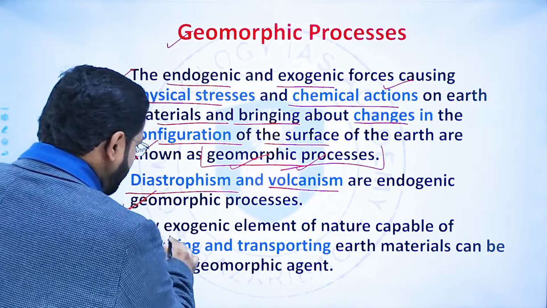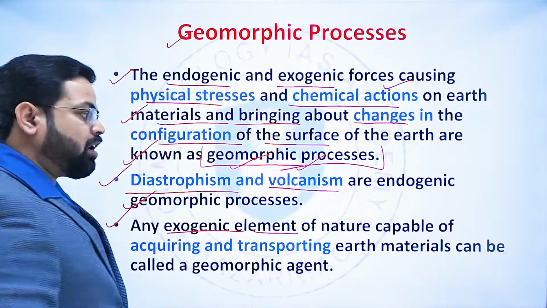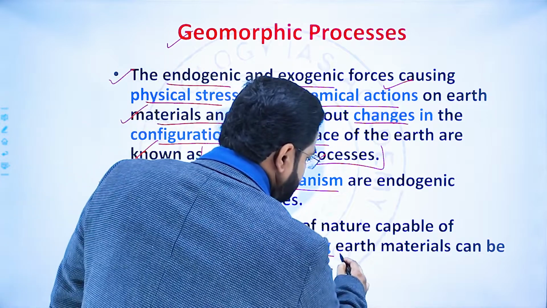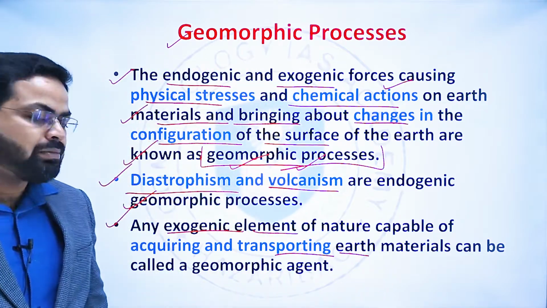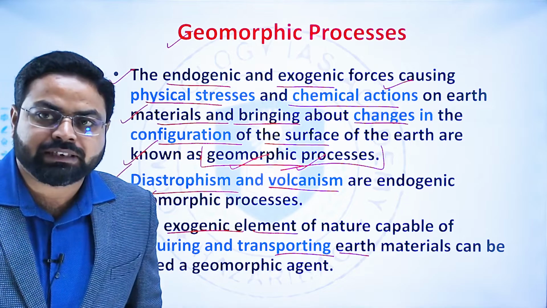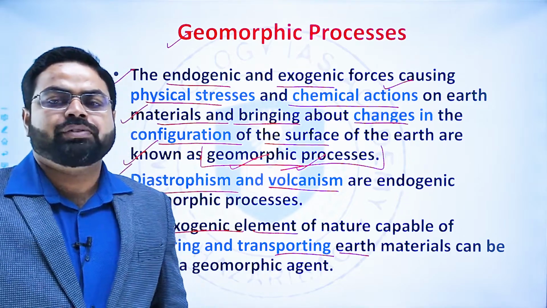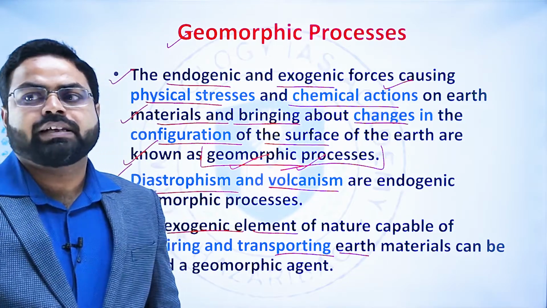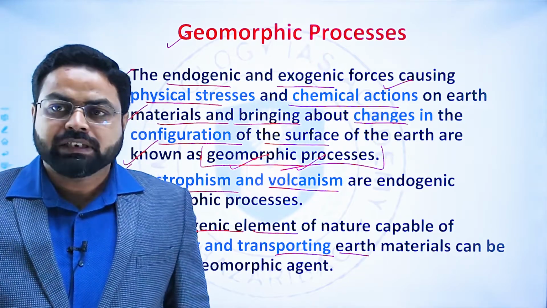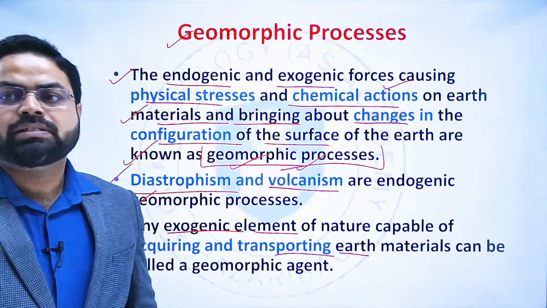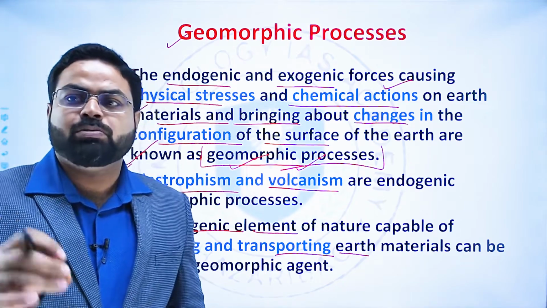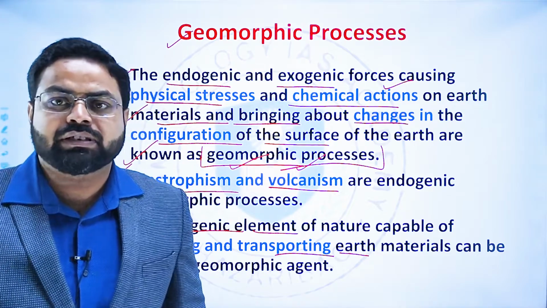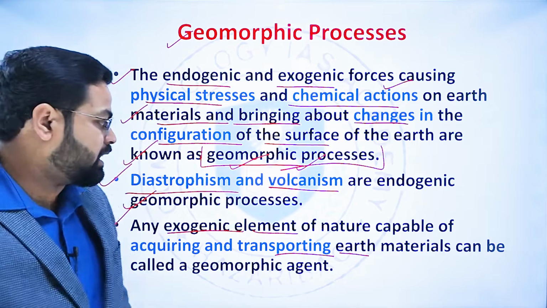And any exogenic element of nature capable of acquiring and transporting the earth material can be called a geomorphic agent. In holistic terms, geomorphic processes and geomorphic agents are considered the same, unless it is specifically mentioned that some are only agents or some are only processes. Otherwise, collectively they are considered the same.